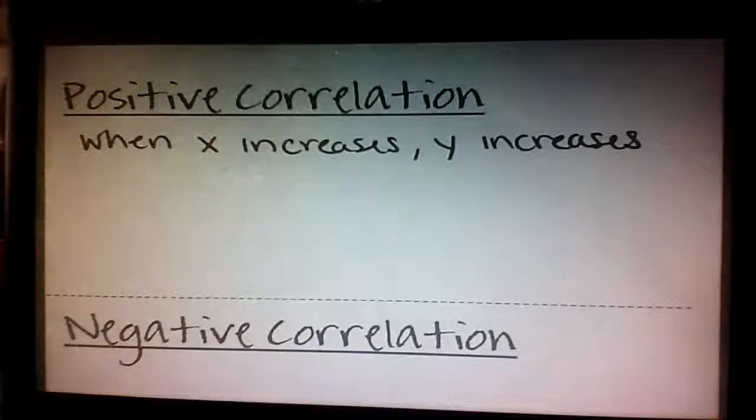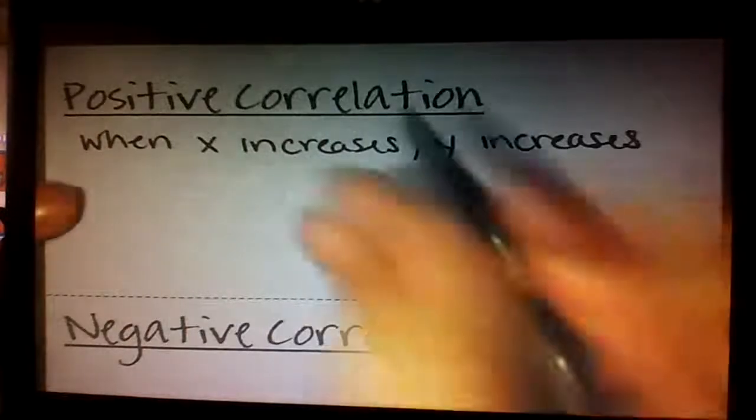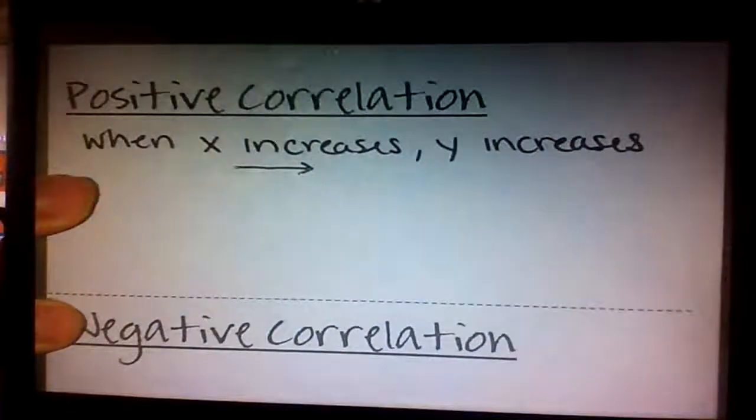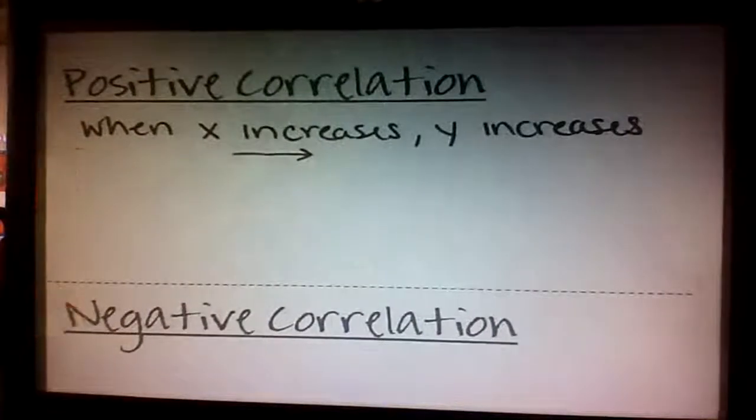in a positive correlation, as X is increasing, so if X is increasing, it's going what direction? Up. X is increasing. To the horizontal, to the right. Okay.